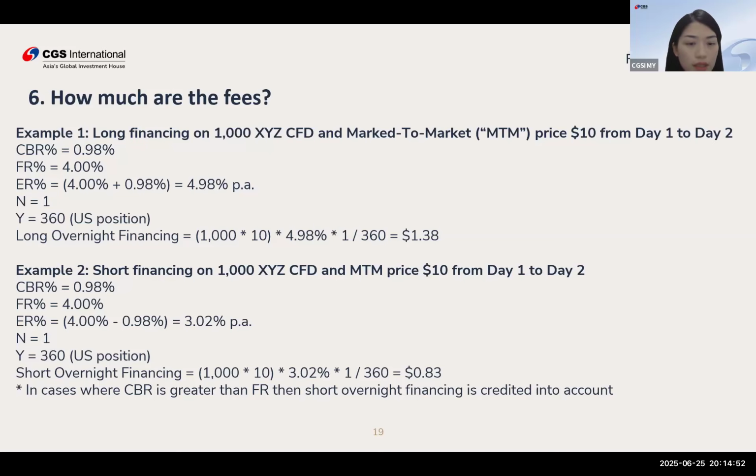So you can see that we are taking this 3.02%, and then your actual financing is charged as 0.83. So in the case that the central bank rate is greater than your financing rate, and you are holding a short position, then the financing is actually credited into your trading account.